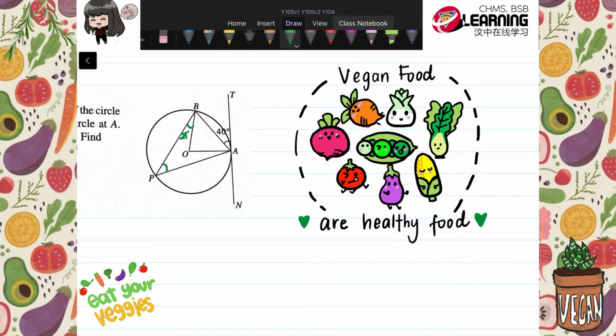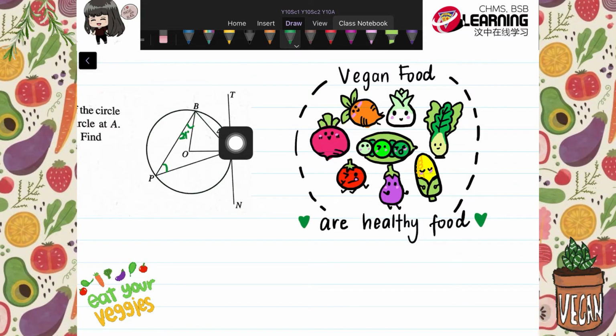As we learned in Theorem 9, can you identify which angle is equal to which one? According to Theorem 9, the angle between tangent and chord is equal to the angle in the alternate segment. Can you see where the angle between chord and tangent is? I'll give you a few seconds to think about it. Look at this. This is the chord and this is your tangent line.